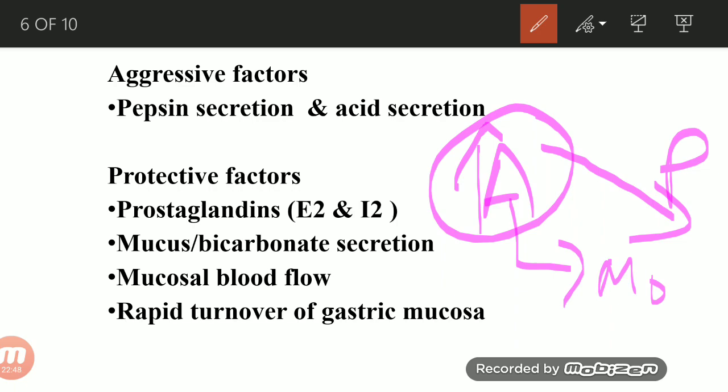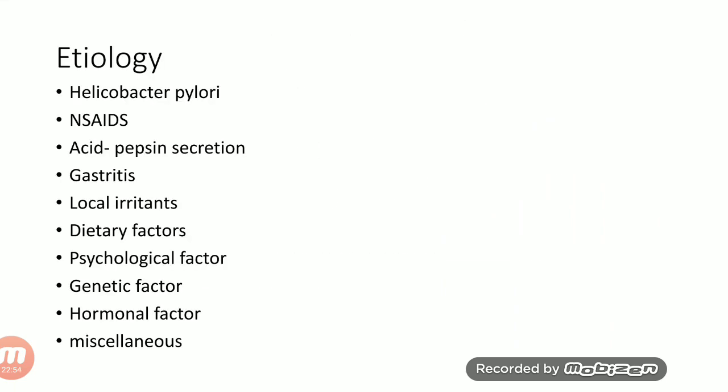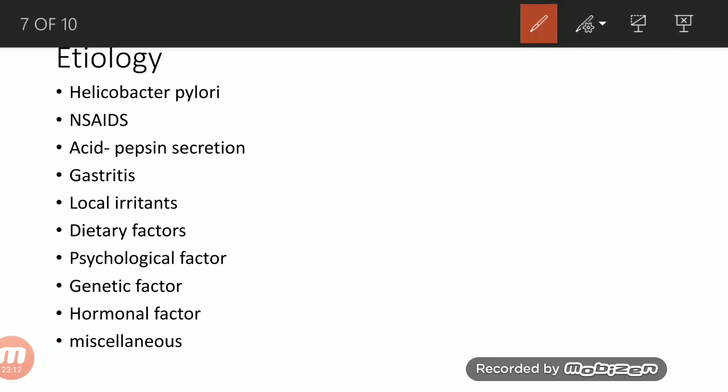Thereby you get your peptic ulcer. Okay, so an imbalance between your aggressive factor and your protective factor will damage your mucosal layer and cause peptic ulcer. So the etiology of peptic ulcer can be of many types.